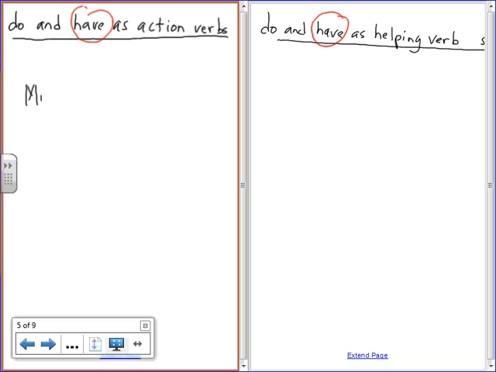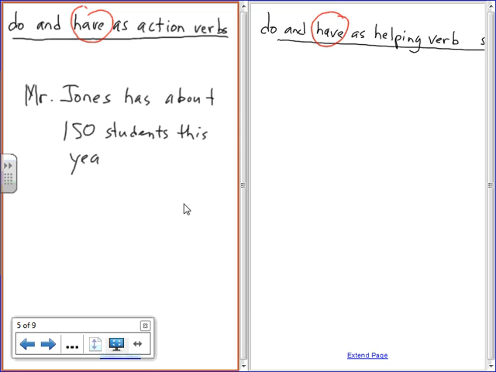Mr. Jones has about 150 students this year who are all very, very eager to learn about verbs. Guys, in this sentence, has is the only verb. It is the main verb. It is an action verb.